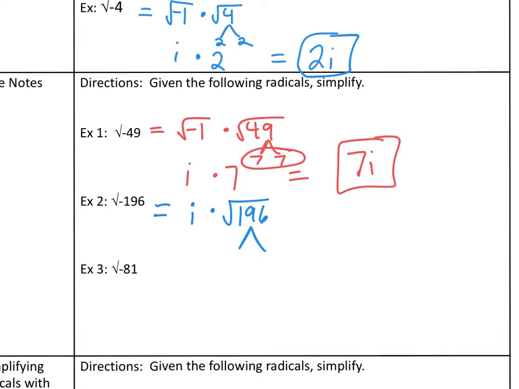So now you just need to play around, do guess and check with what numbers I can break 196 into. And we might get several different things, and that's okay because at the end we should get the same answer. But what does 196 break down to? What are just any two numbers? 14 and 14.